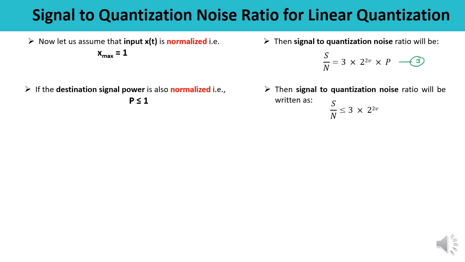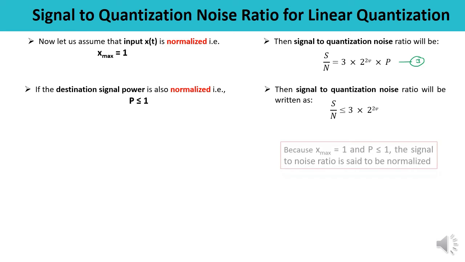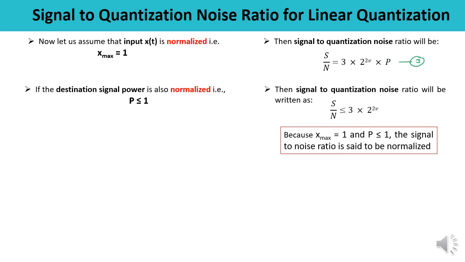Here the maximum value of X is 1 and P is less than or equal to 1. It means the signal to noise ratio described in this equation, equation number 4, is said to be normalized, and you can represent this equation in decibels also.